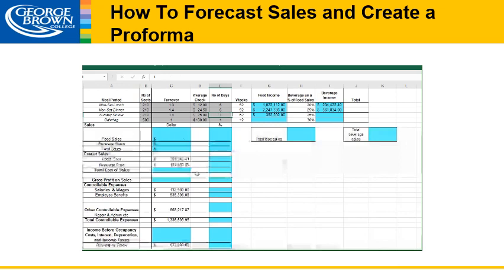So Sunday dinner only happens once a week, so we would put 1 there. We want to calculate our beverage income for our Sunday dinner. Again, we do that by taking our food income, multiplying it by our beverage sales as a percentage of food sales to get 95,000.